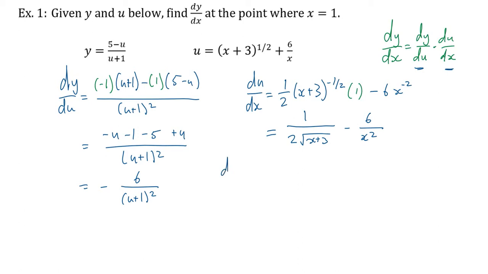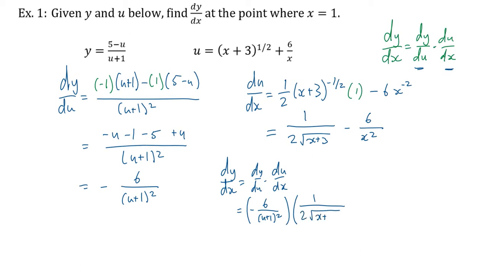Therefore, dy by dx equals dy by du times du by dx, which is -6 over u plus 1 squared times 1 over, and there's no point in simplifying this, like I said, because we're subbing in and solving anyway.